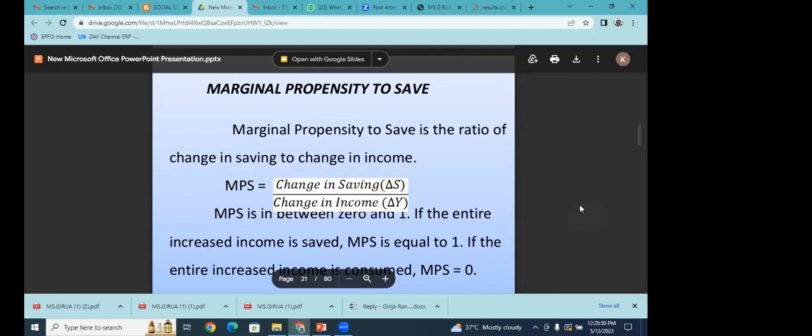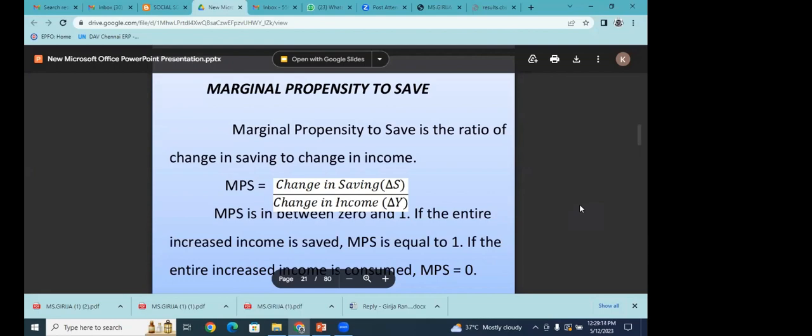Can MPS be equal to 1? Yes. When will it be equal to 1? When the change in income is totally saved, when the entire increased income is saved. Can it be 0?